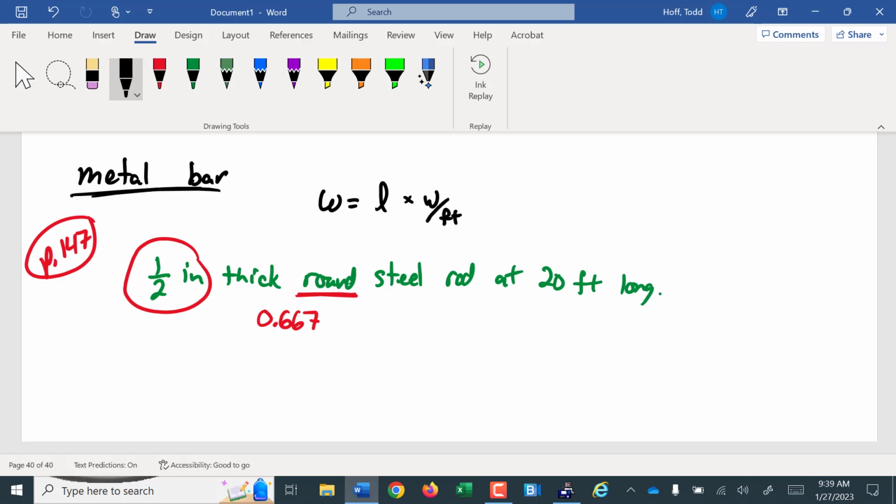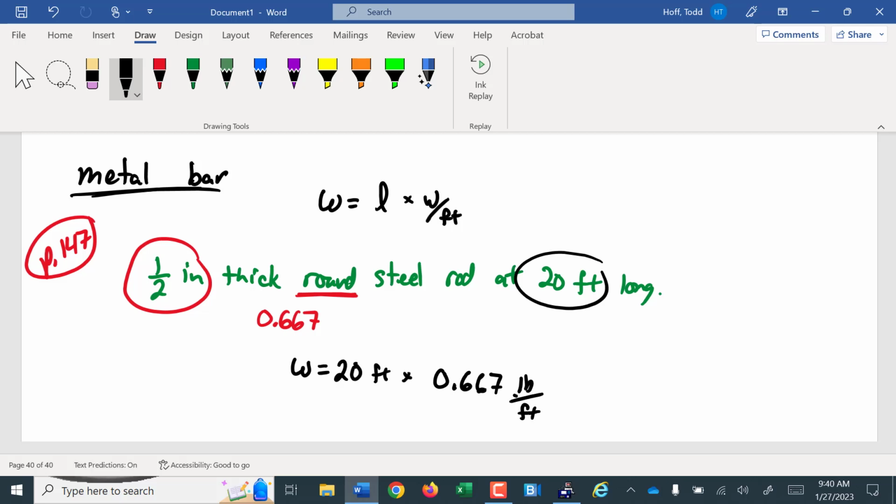So then that means to find the weight of that steel bar, we take the length here of the 20 feet times that .667. The units on that are pounds per foot.